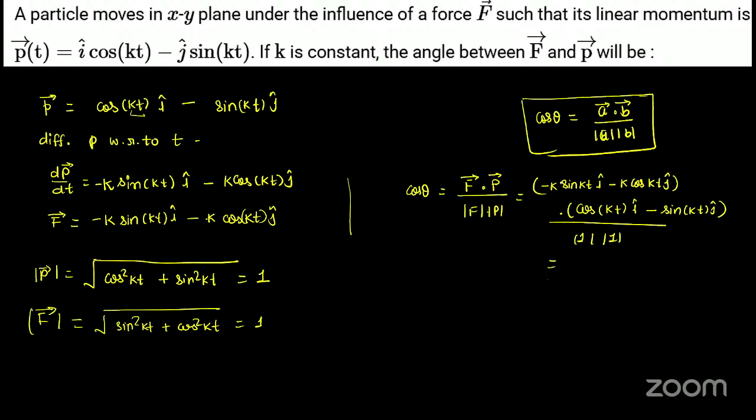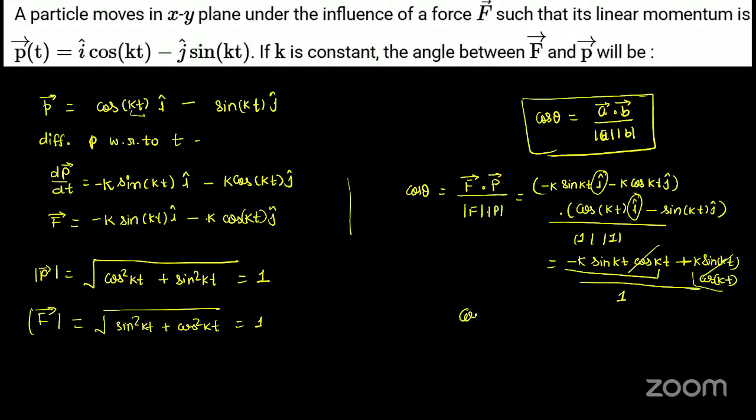So look, the dot product is such that the same components are multiplied, i with i and j with j, with their signs. So if you do so, it will become minus k sin kt into cos kt, and this will become minus k into minus 1. This will become positive. Okay, minus k, minus will become positive. So k sin kt cos kt, divided by 1. Now look, this is the same quantity in negative and this is the same quantity in positive, so they will cancel out.